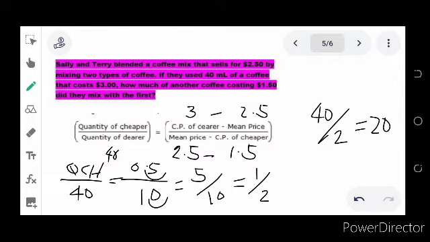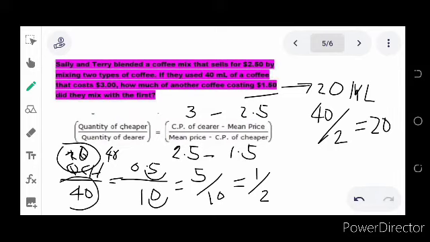So this is now the quantity of the cheaper. So the cheaper coffee, the coffee that costs $1.50, you have 20 ml, while the most expensive coffee, of course, is 40 ml. So that's how we solve this problem.